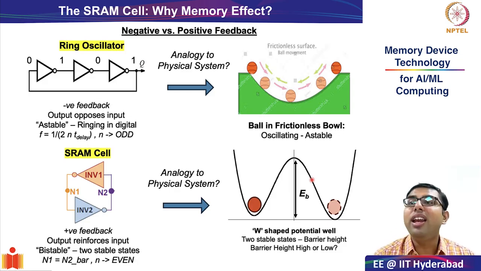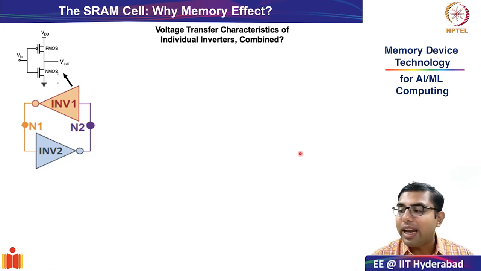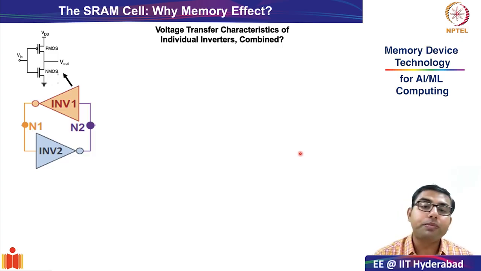So, engineering of SRAM cells is all about managing this so-called metastable state so that the barrier height is not so large that it is difficult to write, but not too small that the system becomes unstable. With this perspective, let us try to see why we have a memory effect in case of SRAM cells.